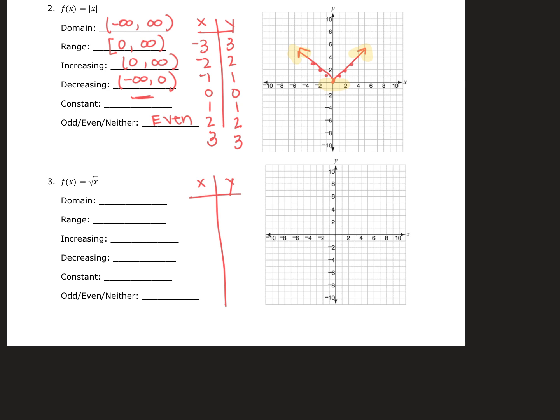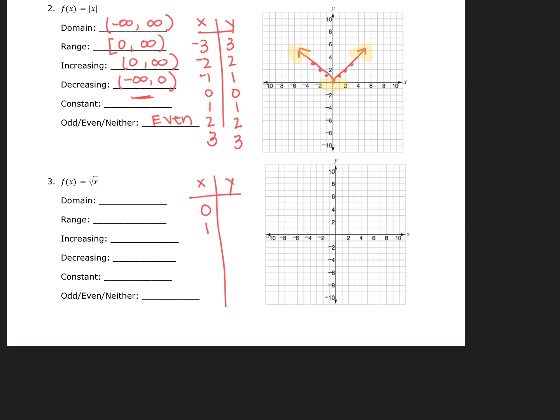So then I could plug in positive numbers. 0, square root of 0 is 0. That's good. So we could use that one. Square root of 1 though is 1, but square root of 2 is going to give me some decimal point, and that's not going to help me create this nice shape that I want of this graph. So when I do the parent function for the square root, I only pick numbers that I can actually take nice square roots of.